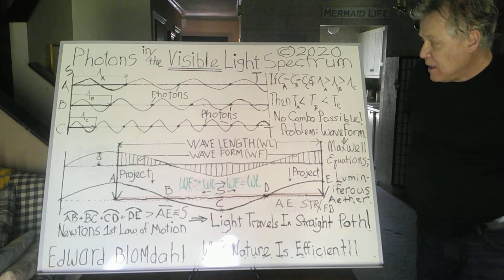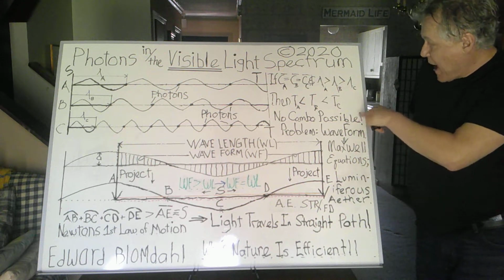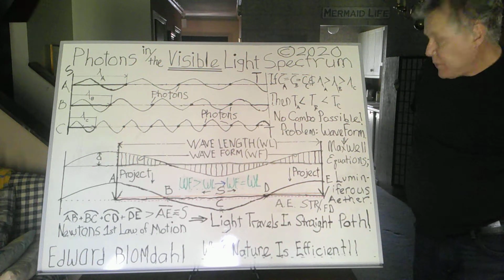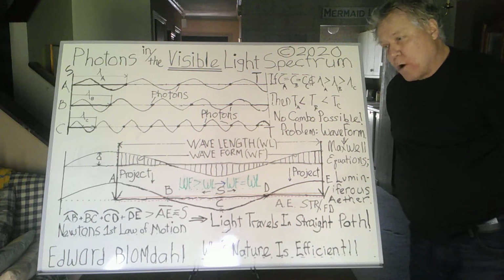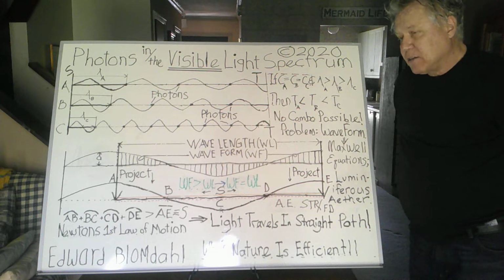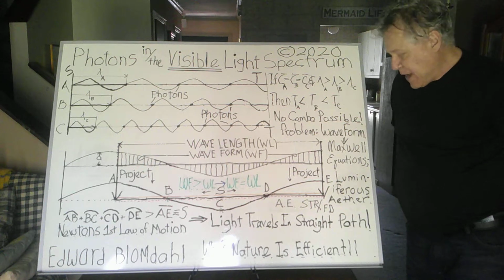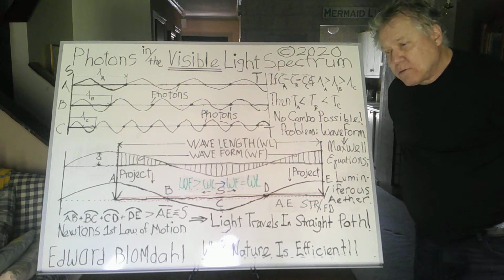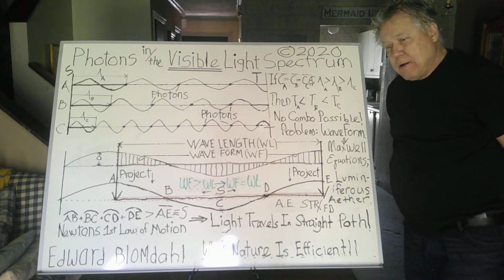Now, if you go back and look at the literature and the history of science, they had a waveform that is how they thought light propagated through space. There was this luminiferous ether, sort of like a physical fog or something, that pervaded all of space.